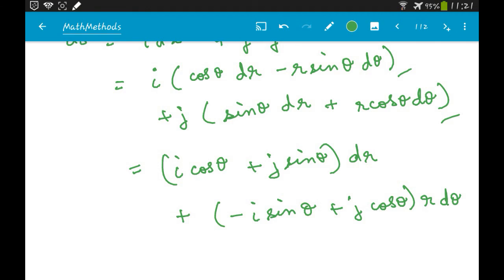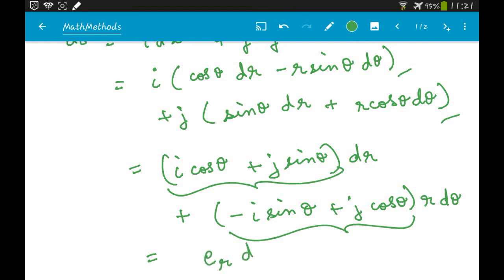Okay. So essentially now we know that this term is like a vector again, and this is like another vector. So we can write this as e_r dr plus e_theta r d theta.